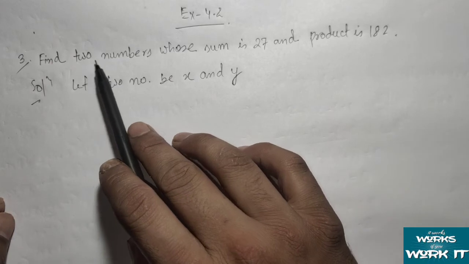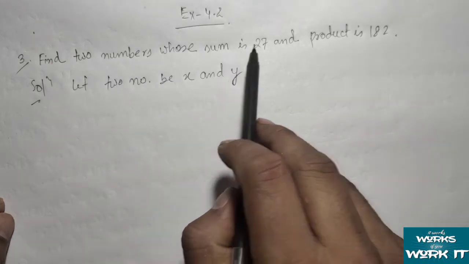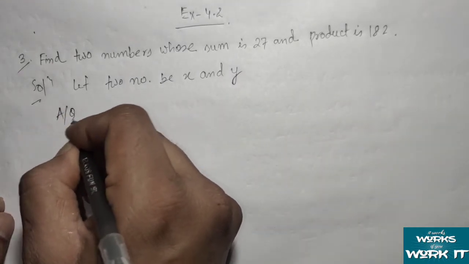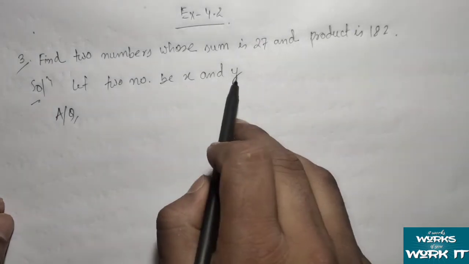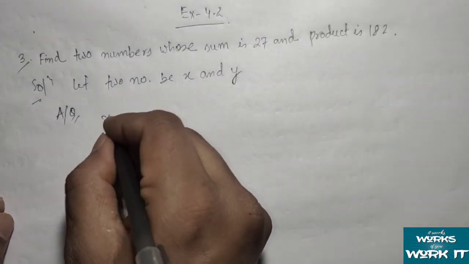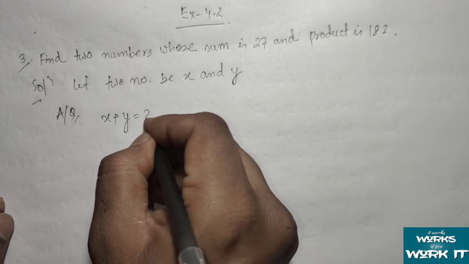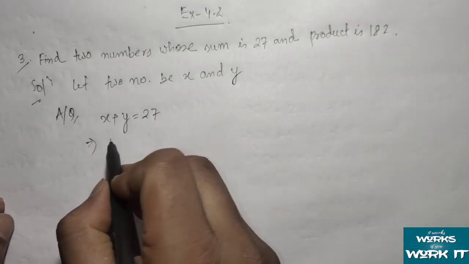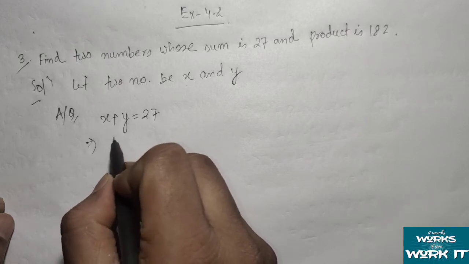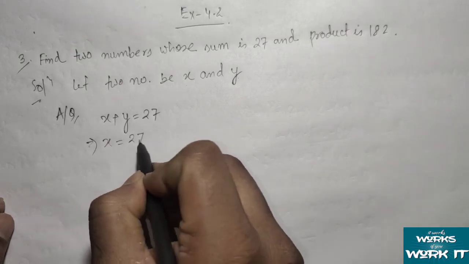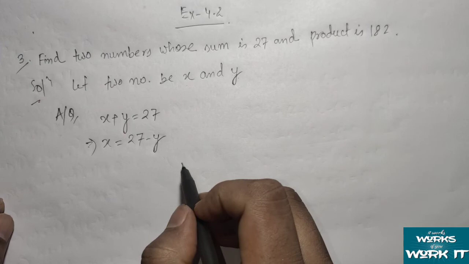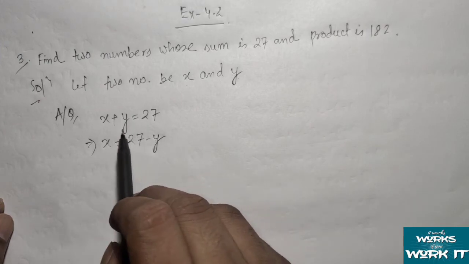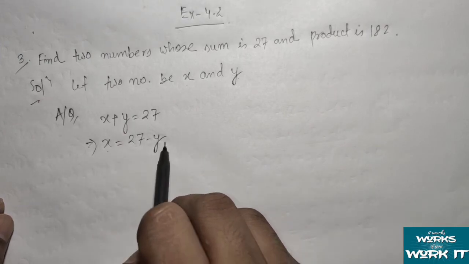It is written in the question that the two numbers have sum 27. So if I take x and y as the two numbers, their sum is 27. From this we can take any of the variables on the left hand side and send the other variable to the right hand side. So now we are getting the value of x, that is 27 minus y.